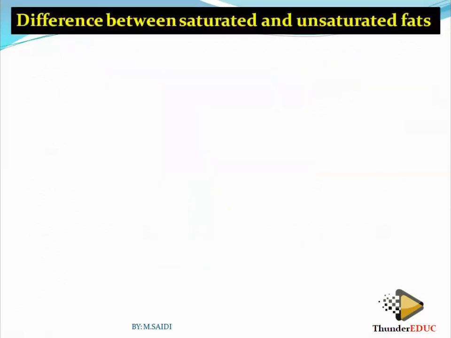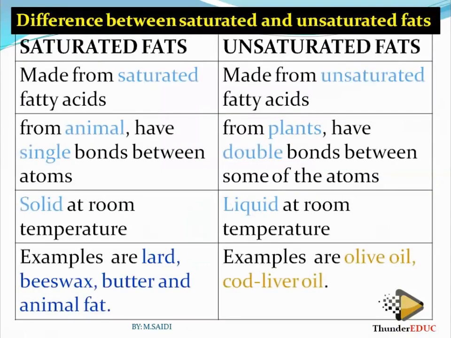So now you have fats which are saturated and fats which are unsaturated. When we talk about saturated, it means that it has single bonds throughout. And when we talk about unsaturated, it has a double bond or triple bond somewhere. So saturated fats are made up of saturated fatty acids, and these ones are unsaturated fatty acids.